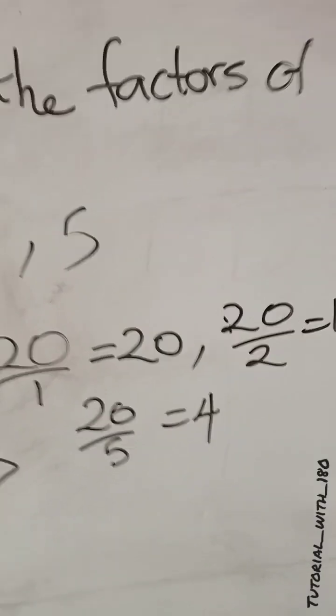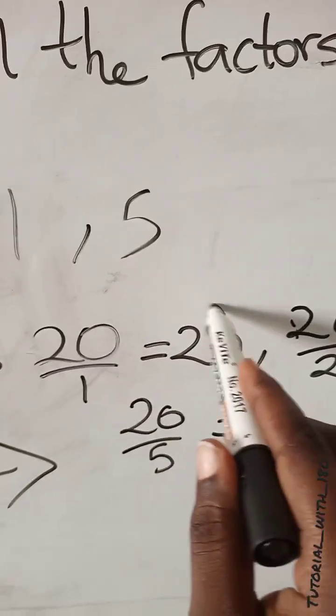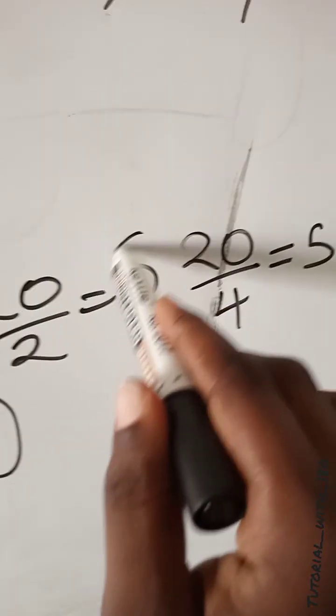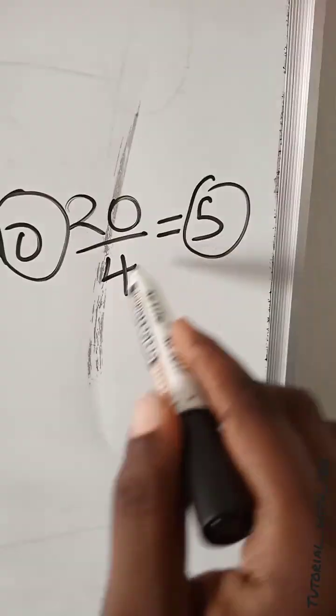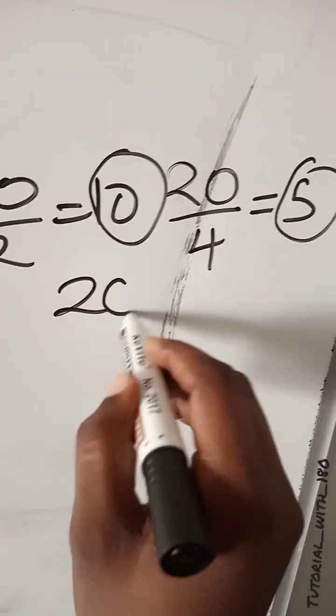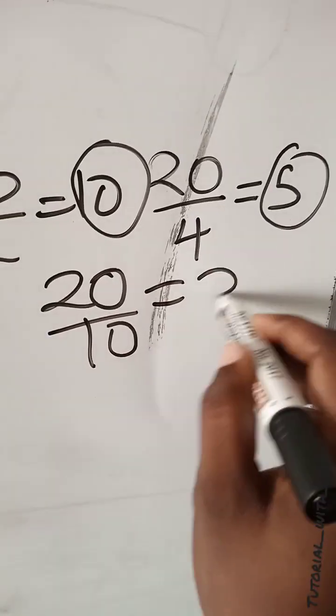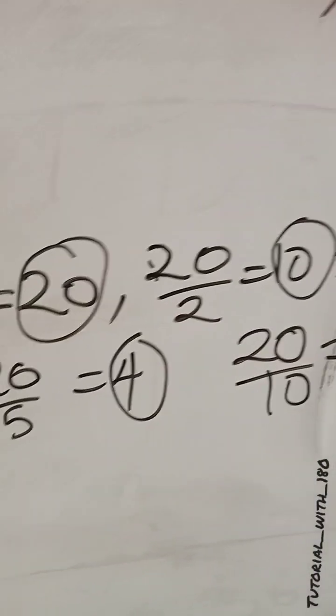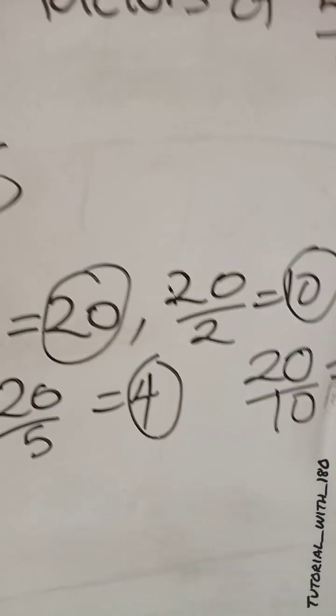So from here we can see our factors. Oh, there's one we didn't put into that. 20 divided by 10 will be equal to 2. So our factors are 2, 4, 5, 10, 20.